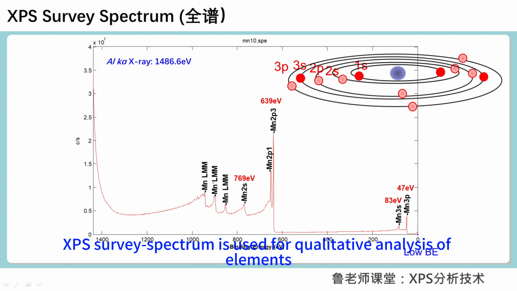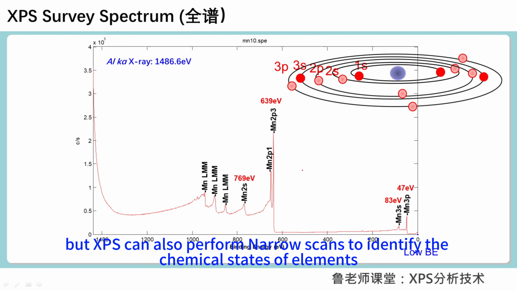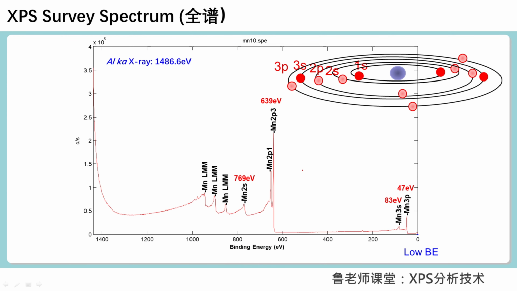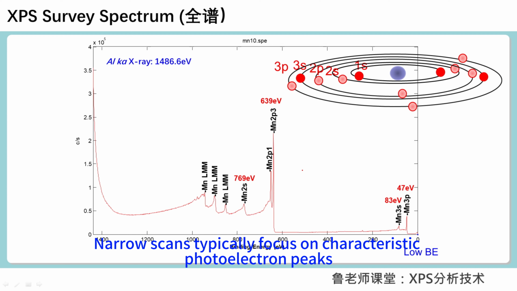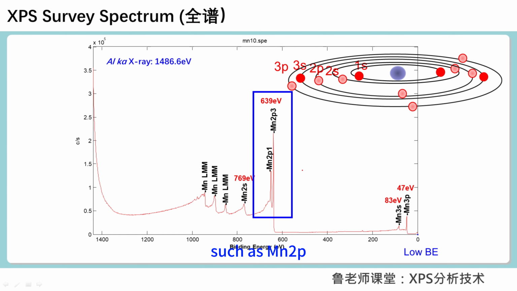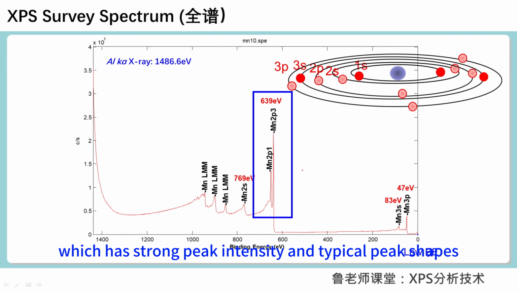As you know, the XPS survey scan is used for qualitative analysis of elements, but XPS can also perform narrow scans to identify the chemical states. Narrow scans typically focus on characteristic photoelectron peaks, such as manganese 2p, which has strong peak intensity and typical peak shapes.